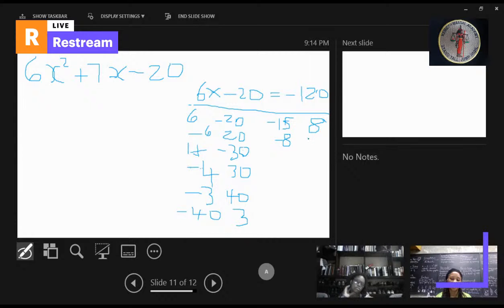How about 10? Negative 10 times 12 and negative 12 times 10. And 5, that's 24. Negative 5 times 24 and 24 times negative 5, negative 24 times 5.